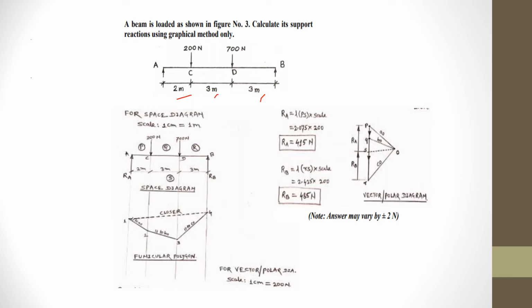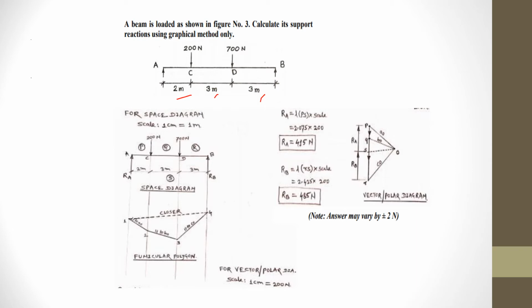So here we will write P, between AC there is a Q, then CD there is an R, and DB there is an S. Now total span is given, so write between A and B like this. So it is a space diagram.